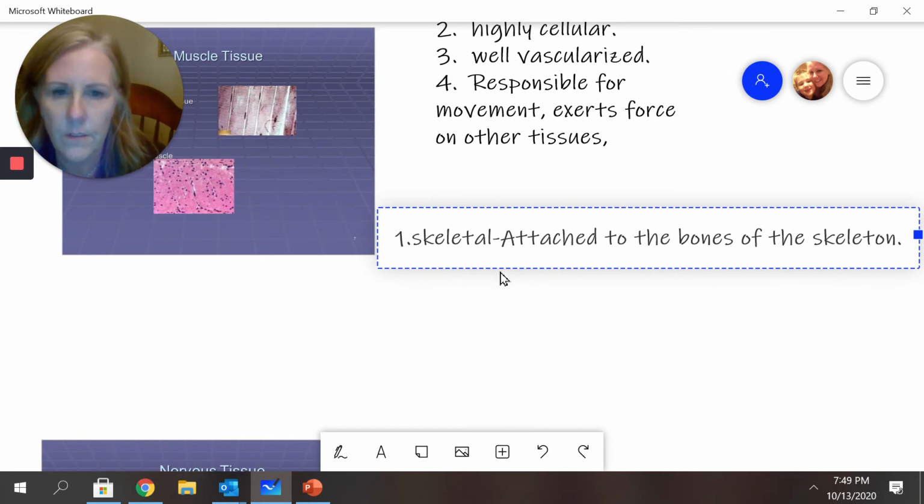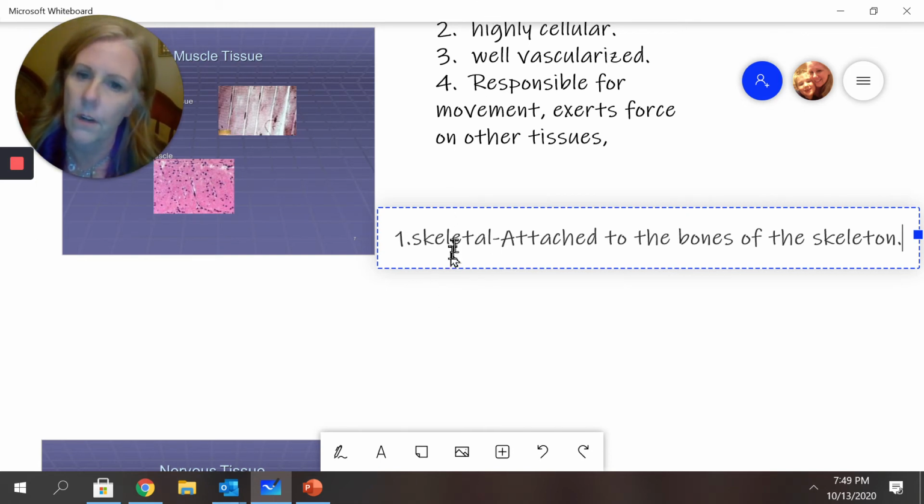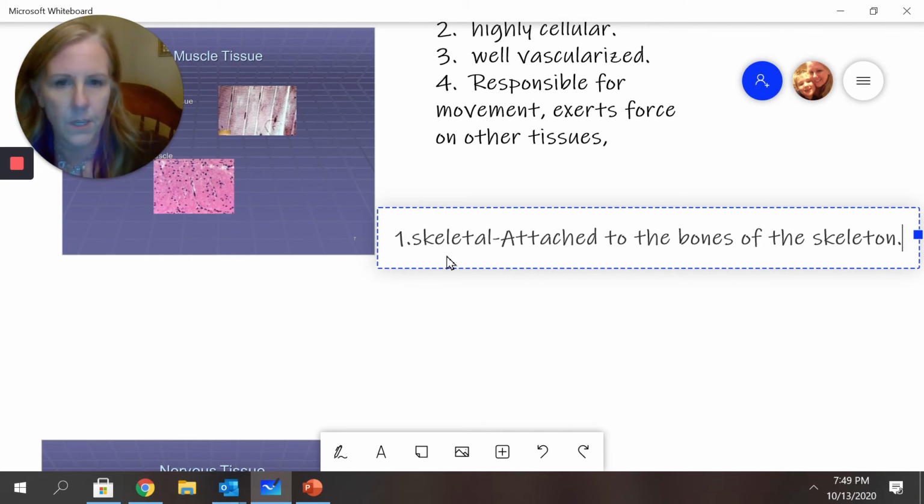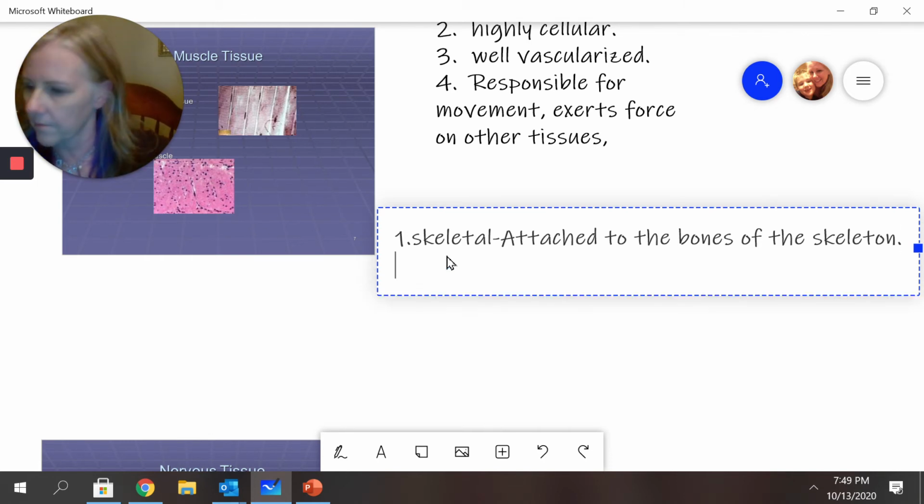This is true for almost all of our skeletal muscles. There are a couple of exceptions, and these are some very small muscles in the face. But for the most part, all skeletal muscles are attached to the skeleton. That's how they got their name.